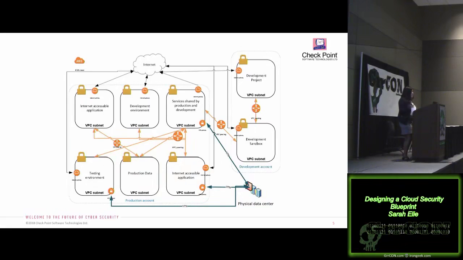This is before even taking into consideration things like IP schemes in each VPC, and if they were properly planned to not collide with each other or with our physical IP schemes that are back at our headquarters. With this example, you can see how quickly the administrative effort can go from being simple and manageable to spiraling out of control. Now that we've seen why a blueprint is needed, let's talk about how we go about building one.